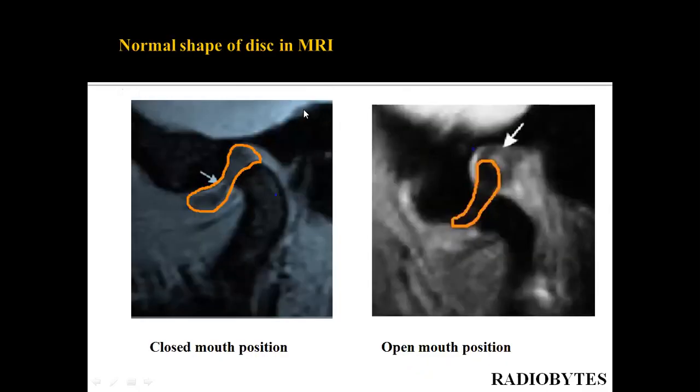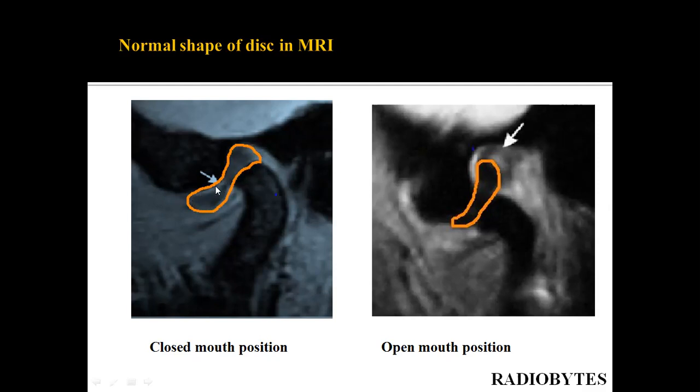So moving on to the normal shape of the disc in an MRI. I showed you how to find the disc in both open and closed mouth position. Now going on to the analysis of the articular disc exclusively, we'll first see the normal shape of the disc. The disc is normally biconcave shaped. Here you can see in an MRI sagittal section of closed mouth position, the articular disc is appreciated here.